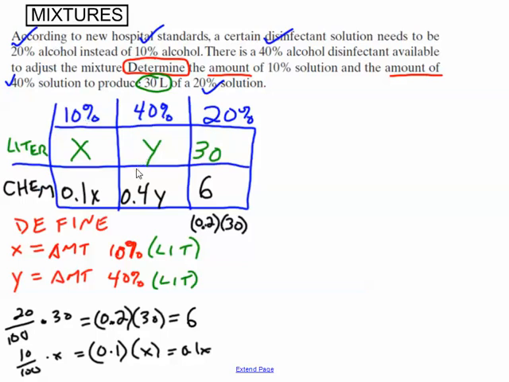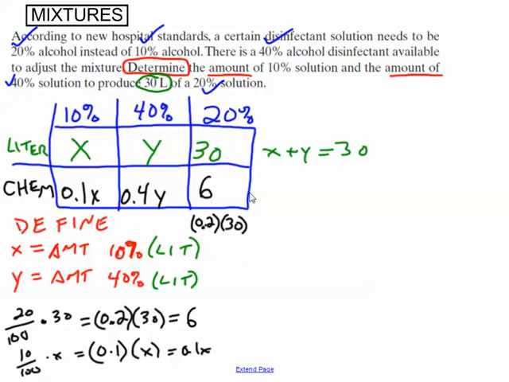So now that we've got our two rows set up, I have a green row and a black row. The green row talks about liters, the black row talks about chemicals. We have now set up pretty much a system of equations. From this green row, I can say that x plus y equals 30, because the amount of liters of 10% plus the amount of liters of 40% has to equal 30. So x plus y equals 30.